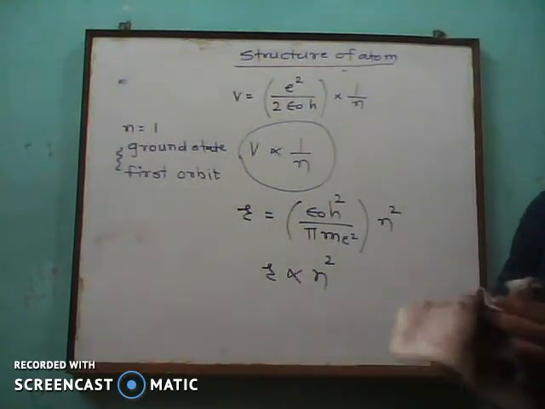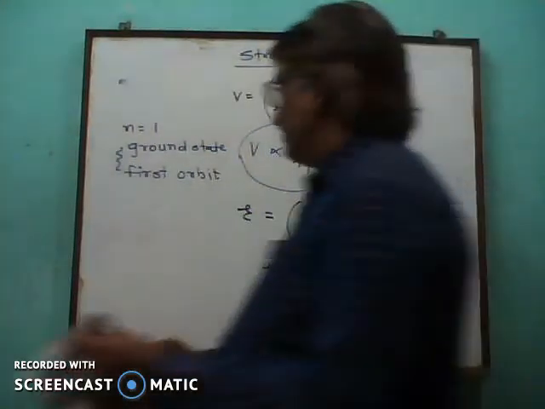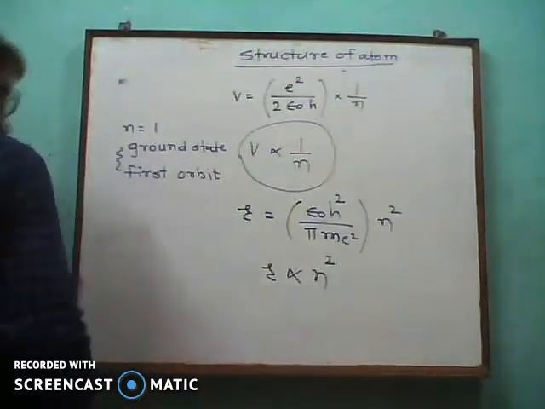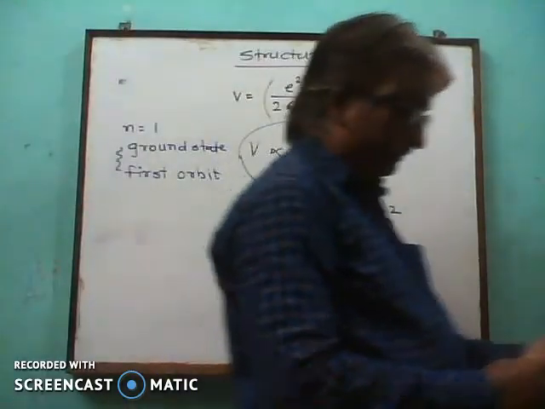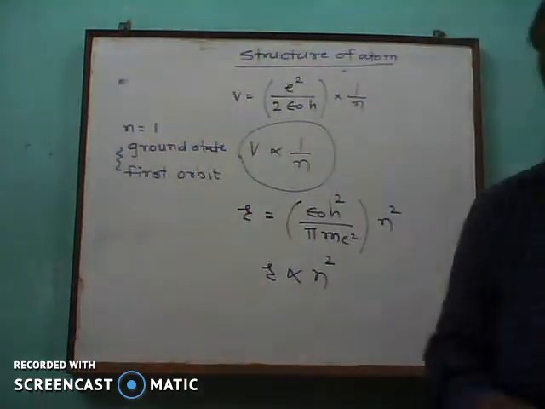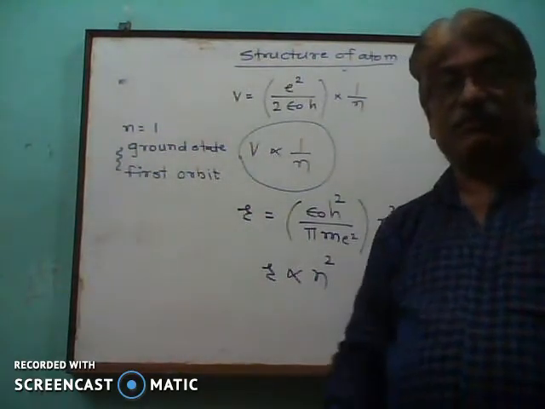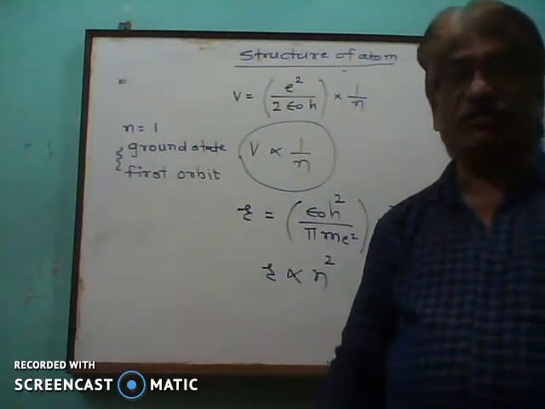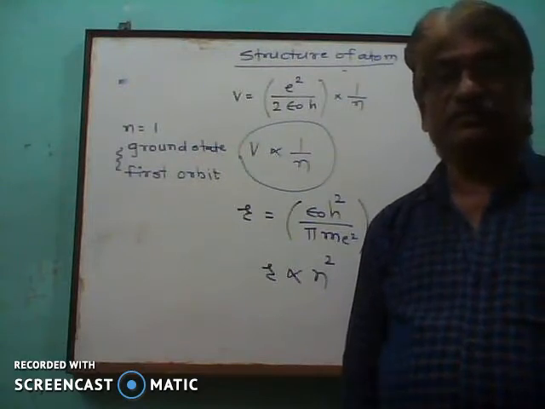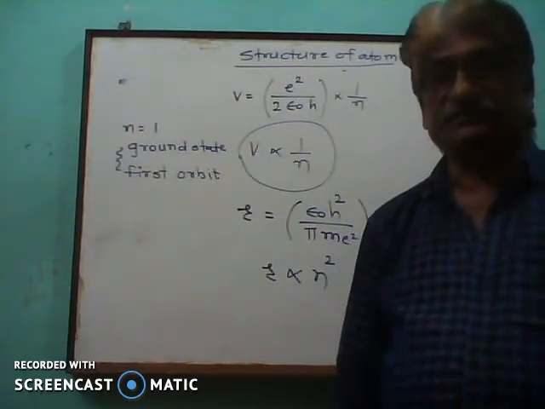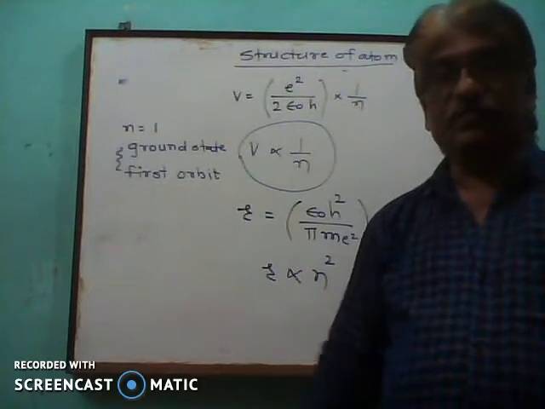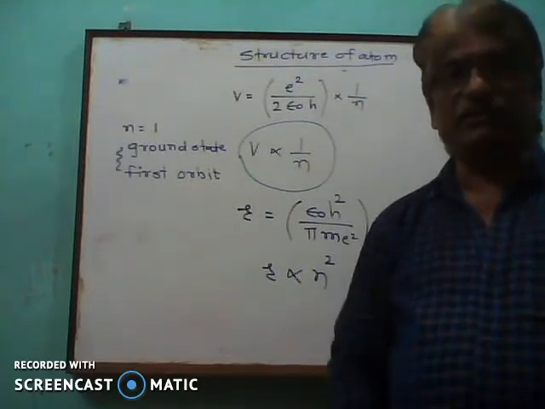So here, if a problem is asked, the problem will be: find the radius of electron in ground state of Bohr's theory of hydrogen atom, and values are not given.